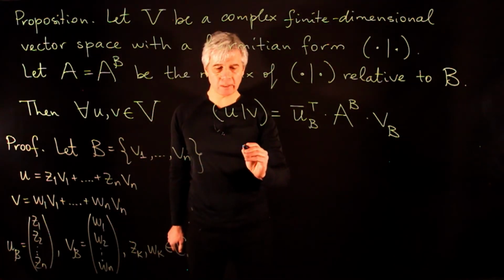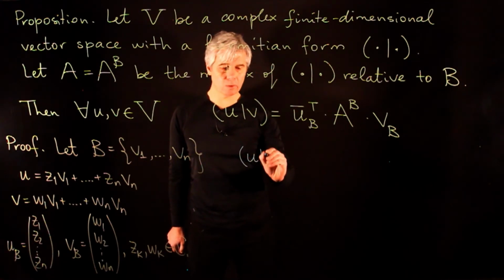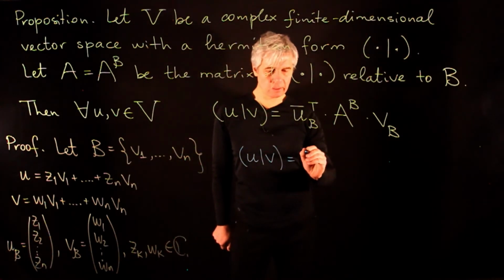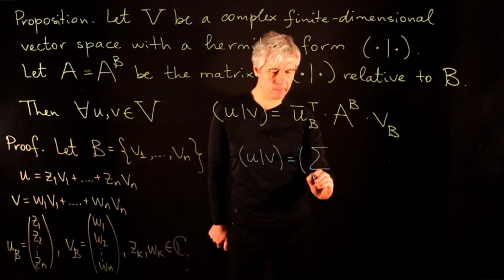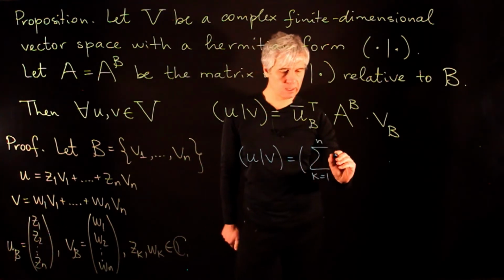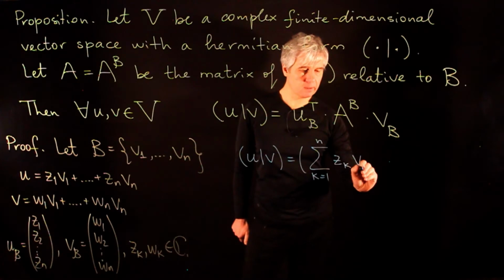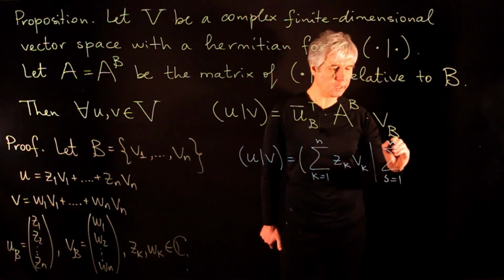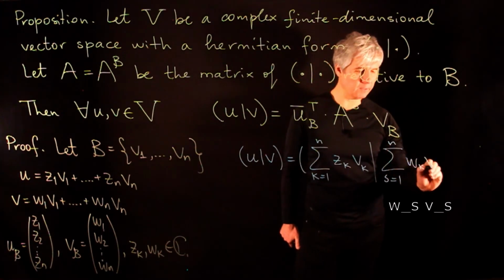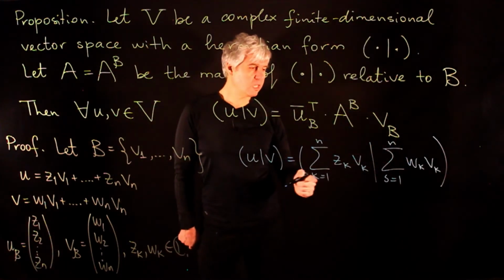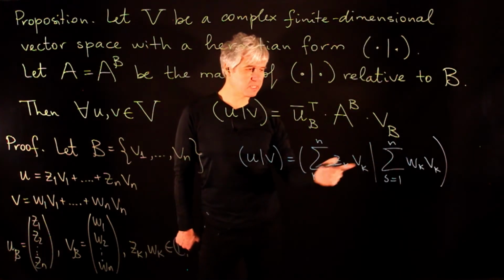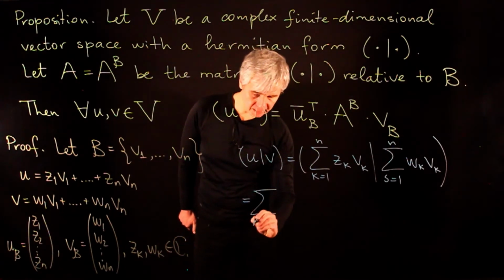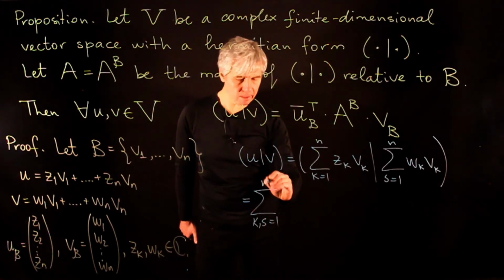Now, let us evaluate the Hermitian form on u and v. If we plug in these expansions, we get the sum, k goes from 1 to n, zk vk, with the sum, s goes from 1 to n, ws vs. Using the fact that the form is sesquilinear, this can be expanded as the sum where k and s go from 1 to n.